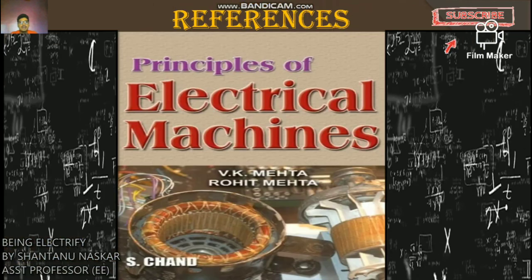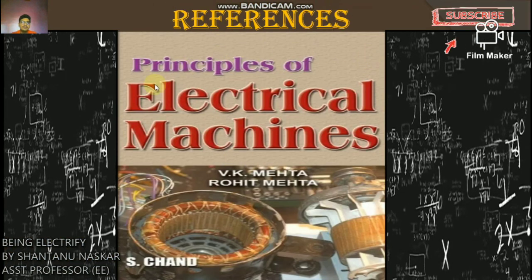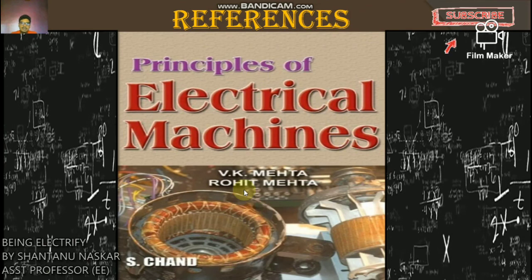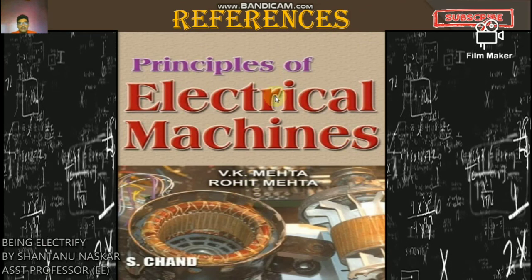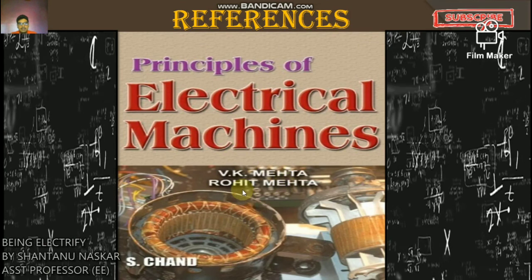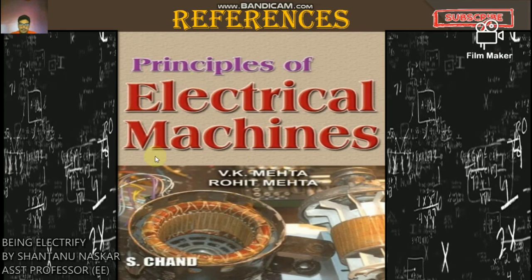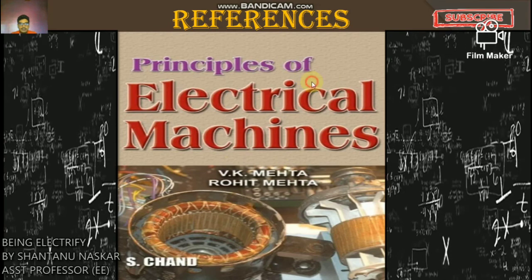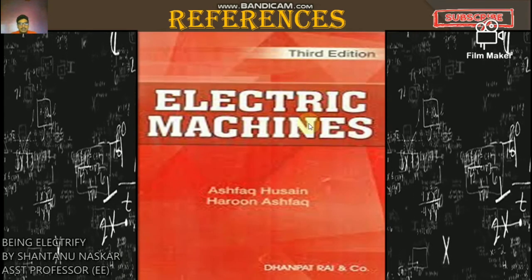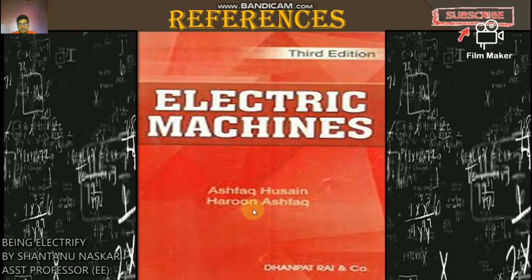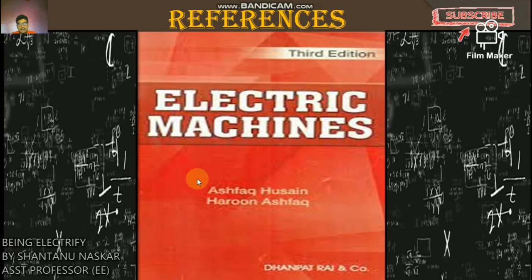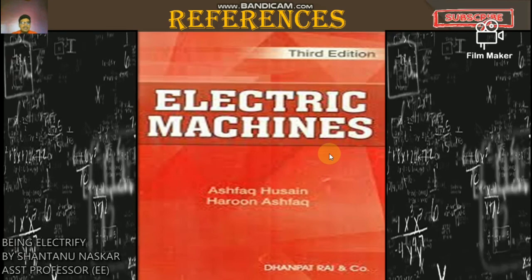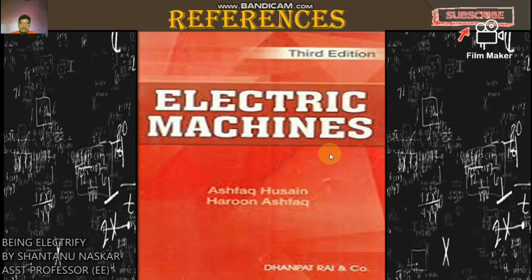Now I will discuss some reference books for this lecture: Principles of Electrical Machines by V.K. Mehta and Rohit Mehta. This is a very good book for diploma and B.Tech engineers. Another book is Electrical Machines by Ashfaq Hussain and Harun Ashfaq. This is a very compact book and easy to understand everything about electrical machines.